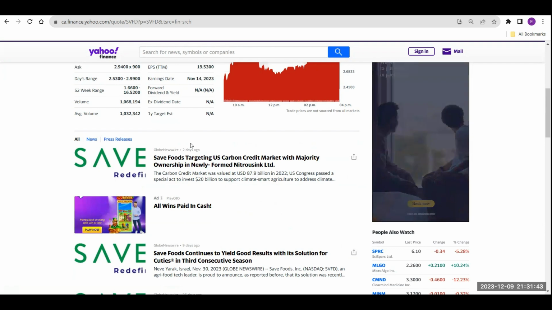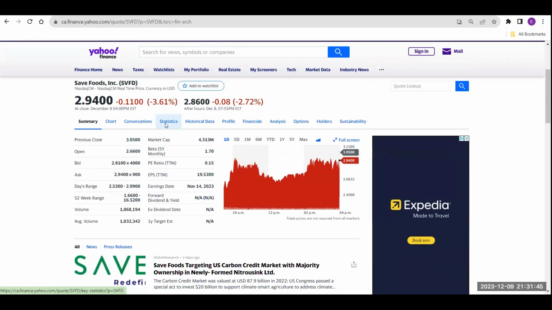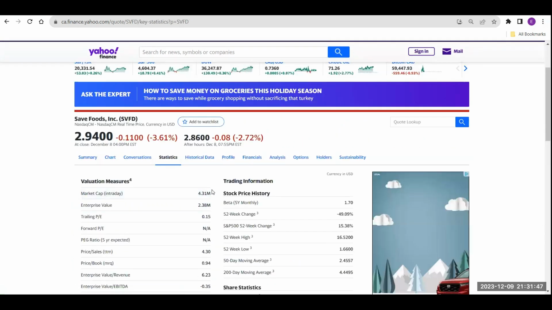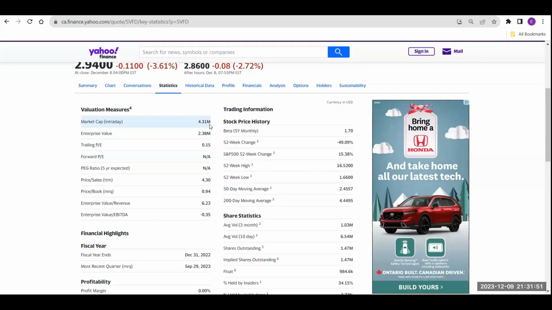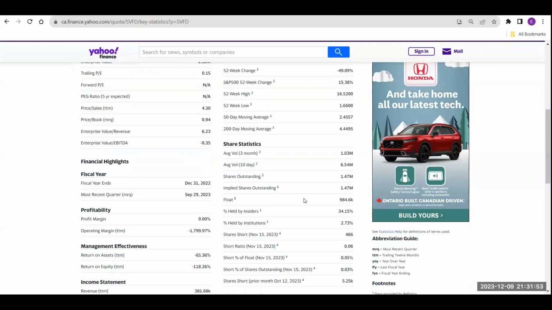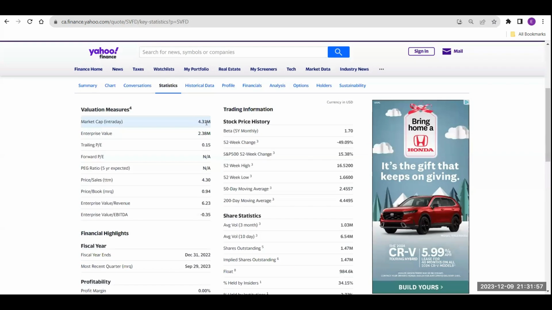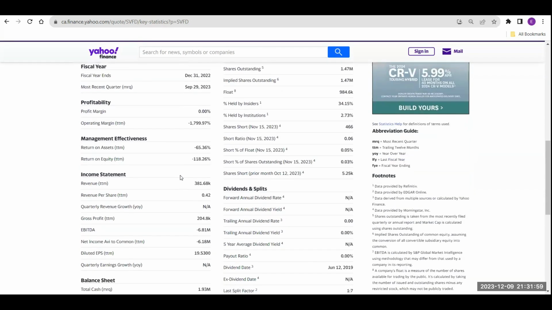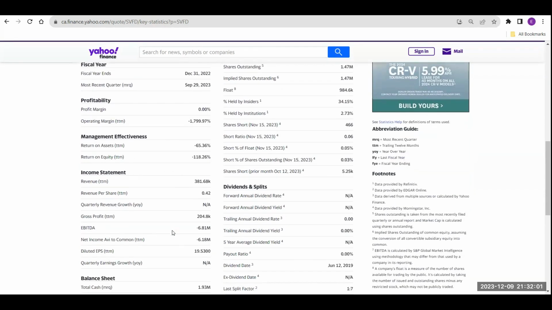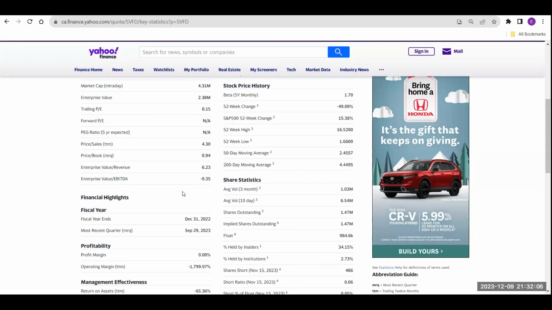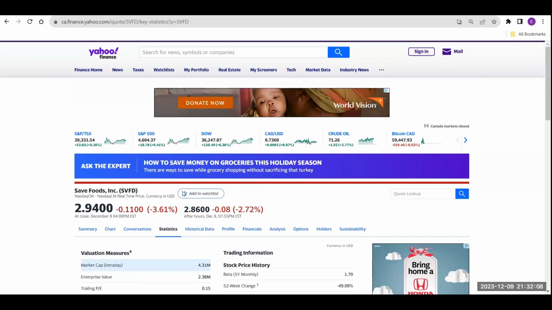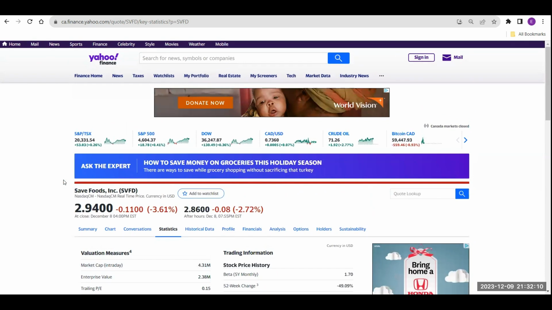Then next, I go to their statistics. If the market cap is very low, there are more chances, and if the float is low. I just see these two things, float and market cap. I don't read their ROI or how much cash they have, or whether they are in debt or not. Because with momentum stocks, people always see the news.